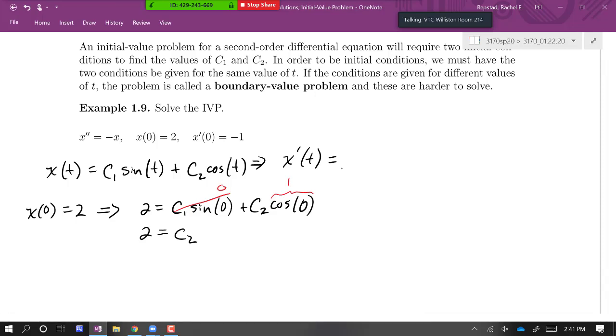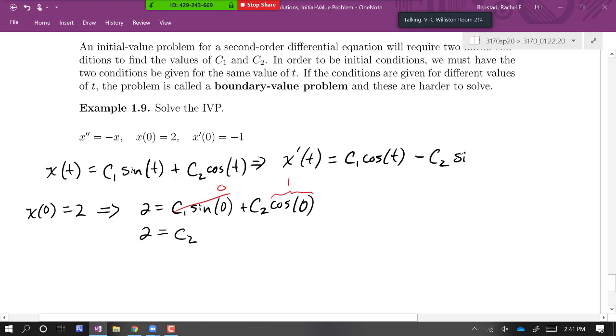So what do we get for x prime of t as a function? C1 cosine t minus C2 sine t.